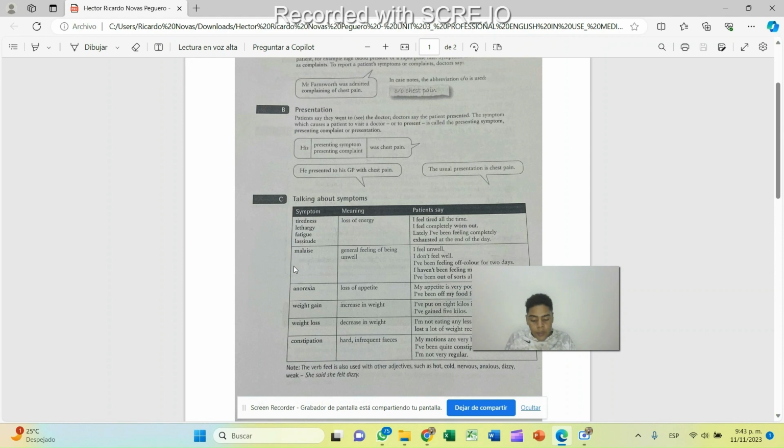I'm not eating any less than usual, but I've lost a lot of weight recently. Constipation, infrequent feces. I've been quite constipated lately.